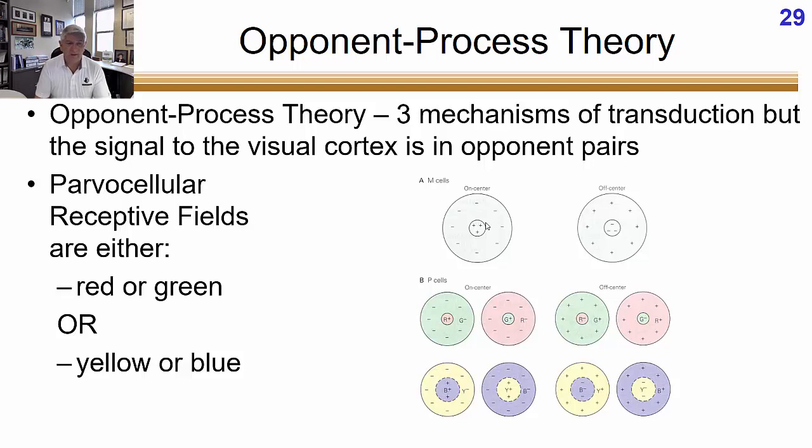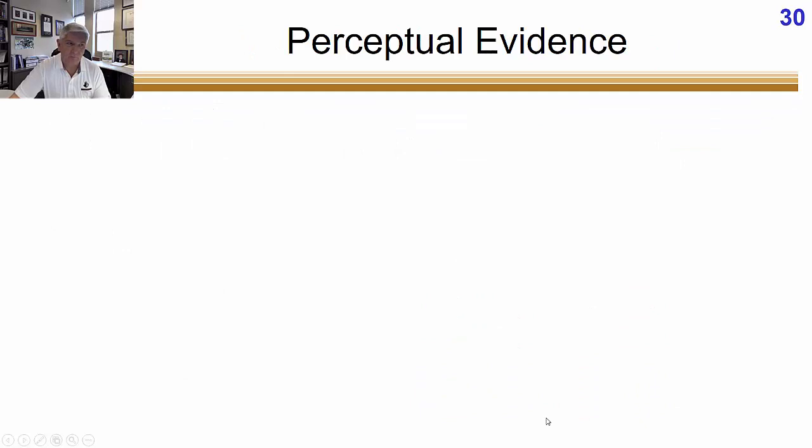And so we begin to have opponent processes, where if the center is on and red, then the surround is off, but green. So green is going to inhibit the surround. And if green is on in the center, then the opponent, red, will be off in the surround, right? And the same thing with blue and yellow, right?